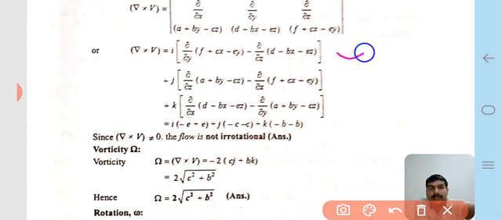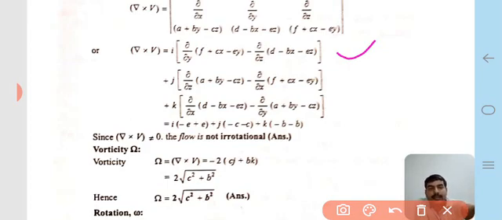The curl of velocity is equal to i times (del by del y of f plus cx minus ey) minus del by del z of (d minus bx minus ez), plus the j component del by del z of (a plus by minus cz) minus del by del x of (f plus cx minus ey).